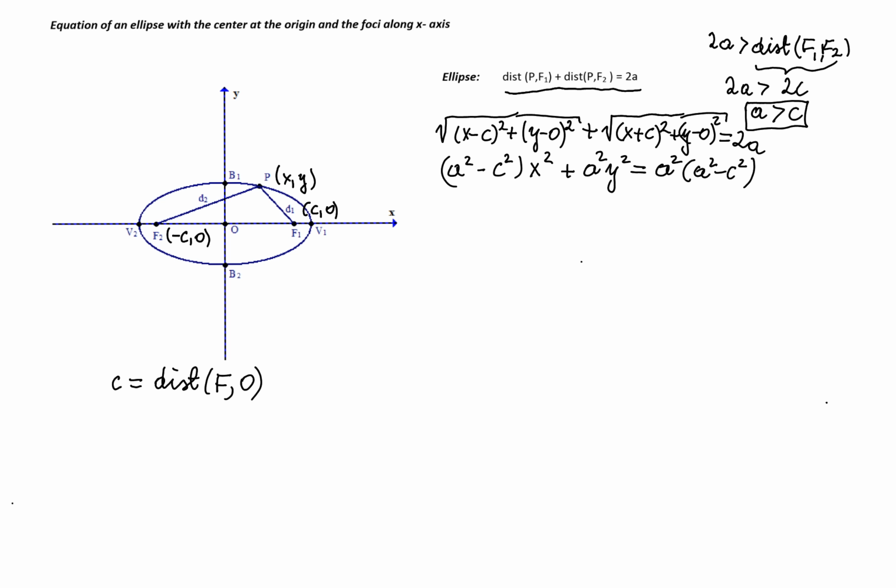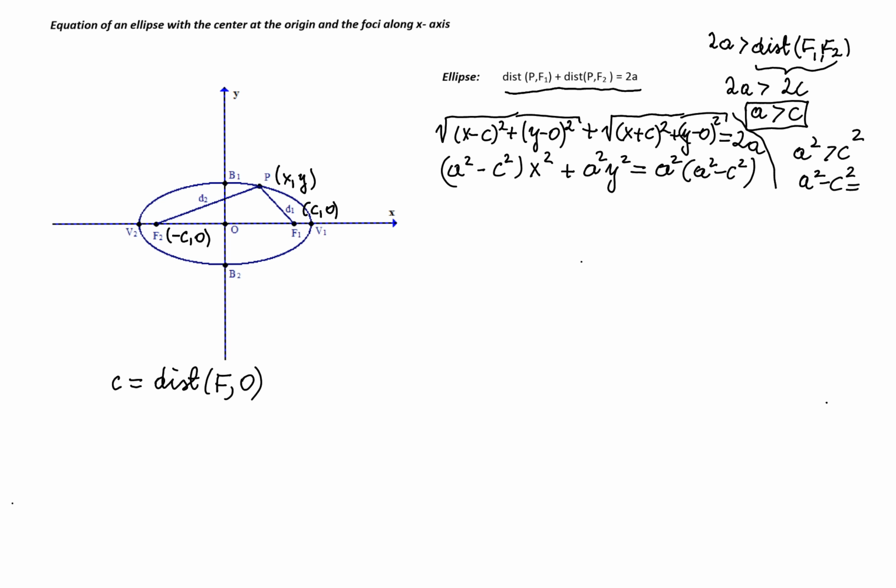Since a is greater than c, as we noticed at the beginning, then a squared is greater than c squared. So we know that a squared minus c squared is going to be positive.